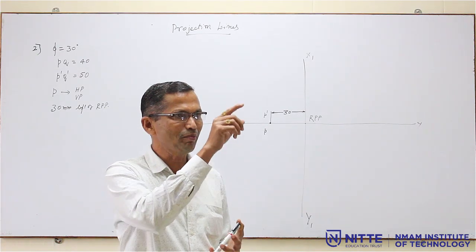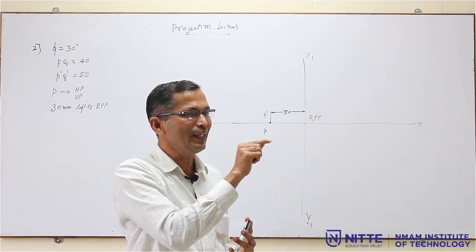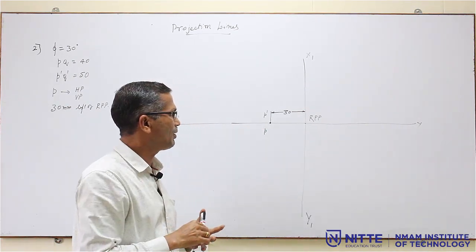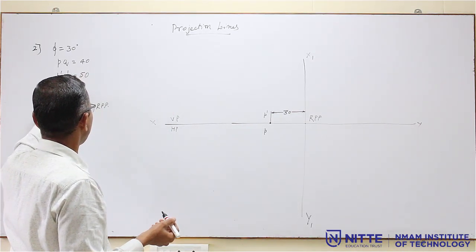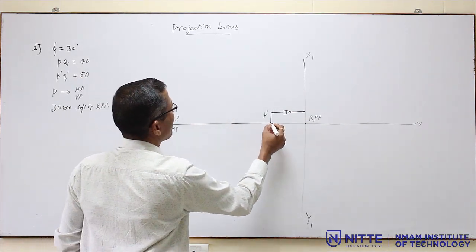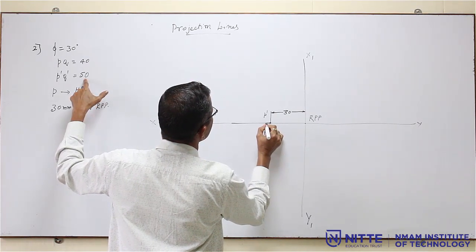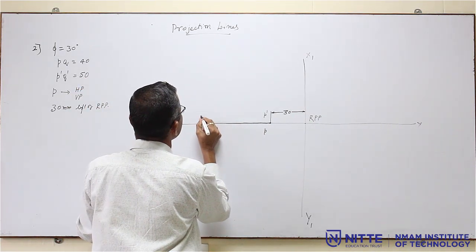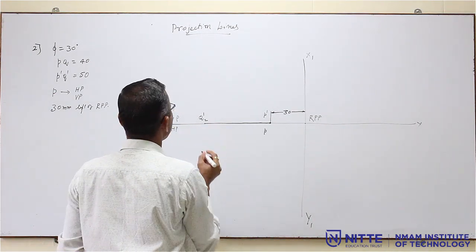Instead of drawing the front view P dash Q dash of 50 mm, because the angle is not given, I can draw a horizontal line, P dash Q2 dash. It is on the XY line itself and the length is 50 mm. I will call this Q2 dash.